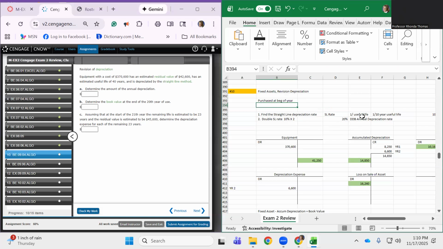The straight line rate is 1 over useful life, so 1 over 40. 40 years is quite a while to expense something. It does have a residual value or a salvage value. So this really doesn't take steps. You just have to have pieces of it.